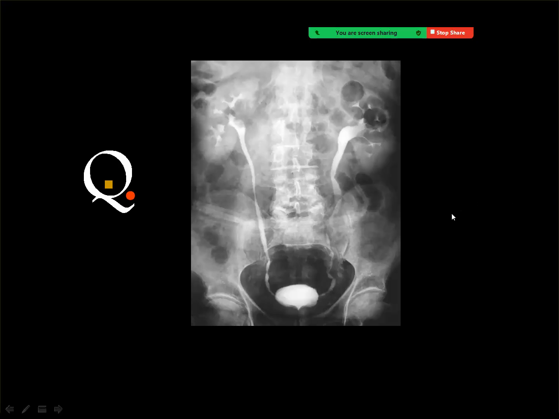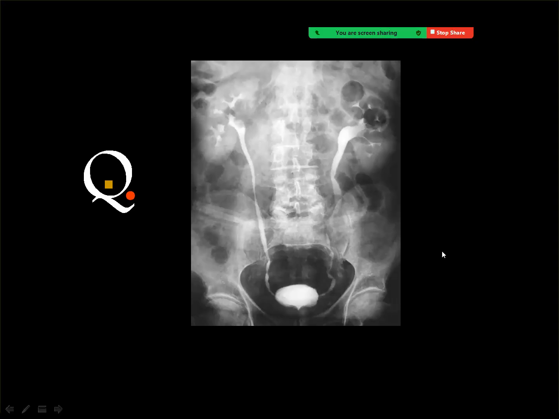I am not sure if intravenous urography studies are seen frequently in the exams or not, but this examination is considered one of the basics of urinary tract imaging. If you look carefully here, you see a filling defect in the renal pelvis, and you can see another filling defect in the distal part of the ureter.